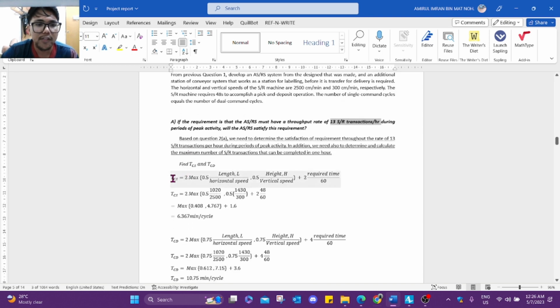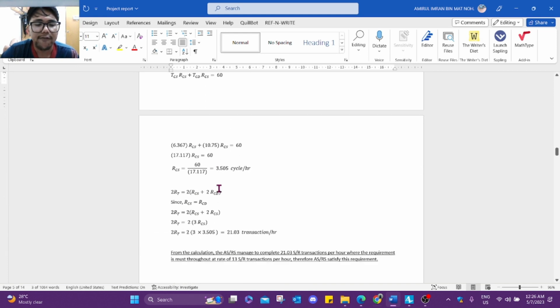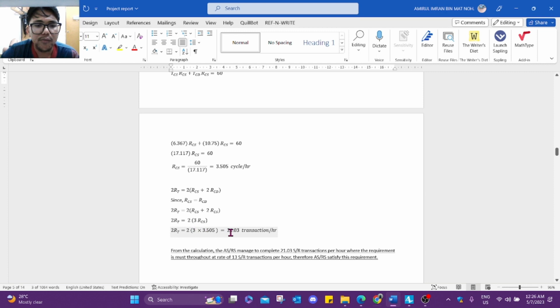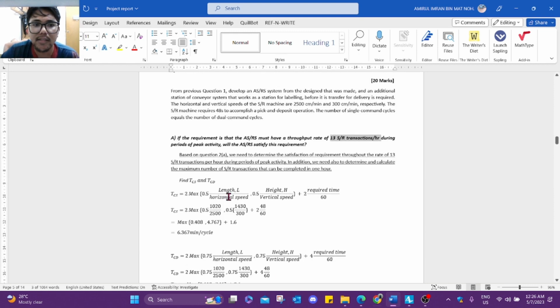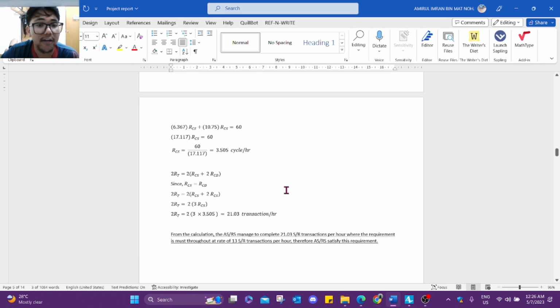Here we find the values of TCS, TCD, RCS and 2RT, and finally we get our RT, which is 21.03 transactions per hour. Comparing our calculation with the question's requirement of at least 13 SR transactions per hour, our calculation is valid and satisfies the question, since we got 21.03 SR transactions per hour compared to the requirement of at least 13.